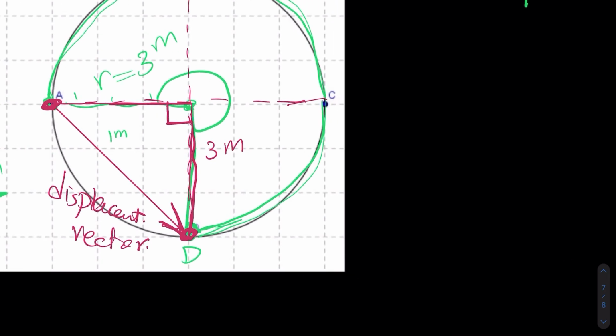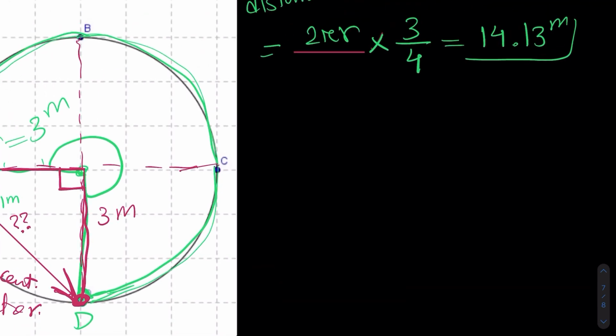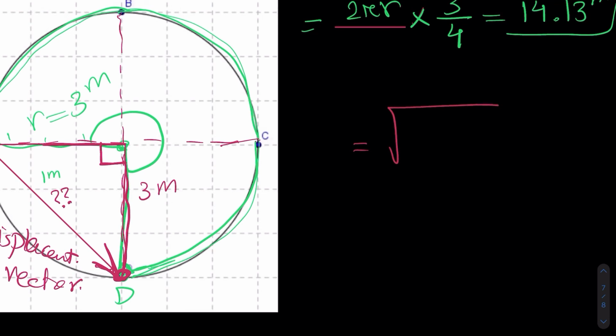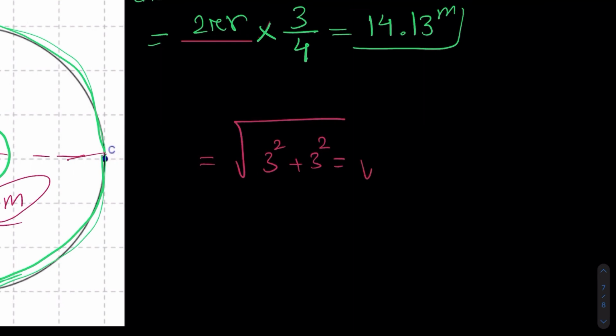Therefore, in order to find the magnitude of this side, which is the magnitude of my displacement vector, I only need to follow the Pythagorean theorem: this side to the power of 2 plus this side to the power of 2. 3 squared plus 3 squared is equal to 18, because 9 plus 9 is 18, and the square root of 18 is almost 4.24 meters.